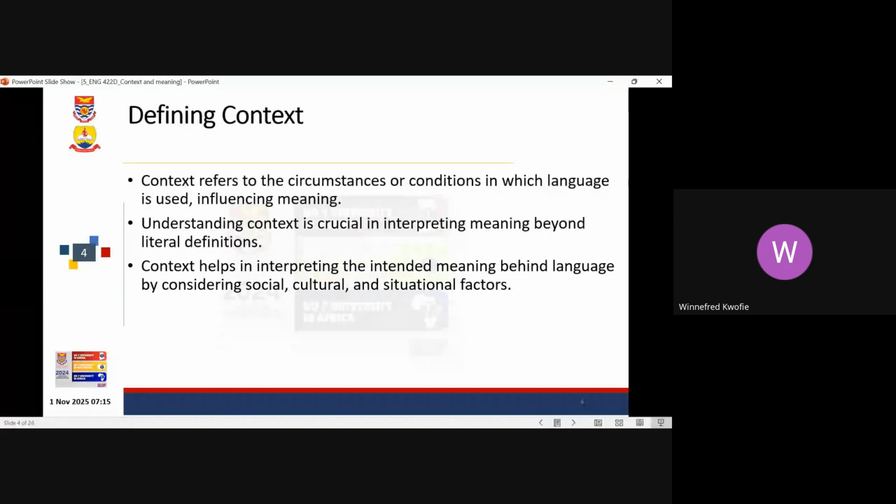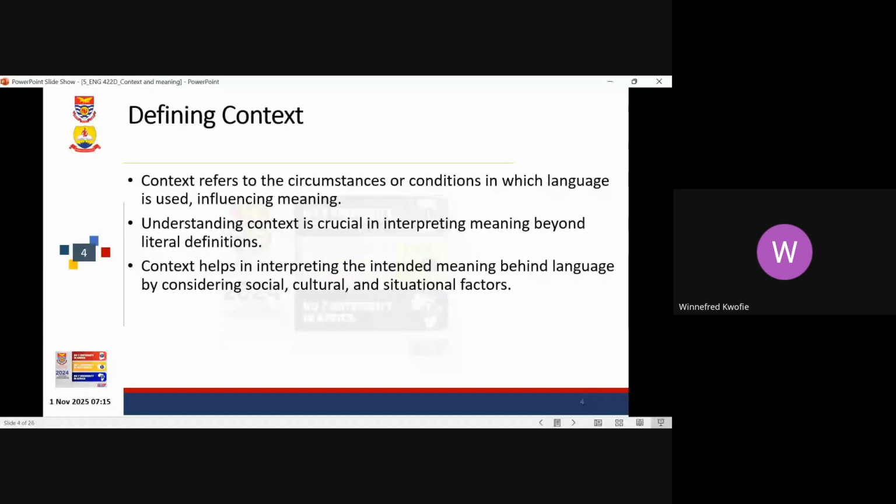The same word may mean something in situation A that is different from what it means in situation B. That situation is what we refer to as context. You need to understand the situation before you can understand the meaning of what you hear or what you read from a text.